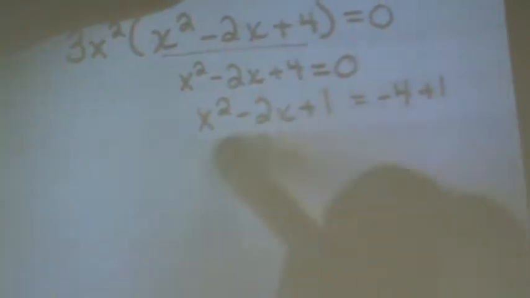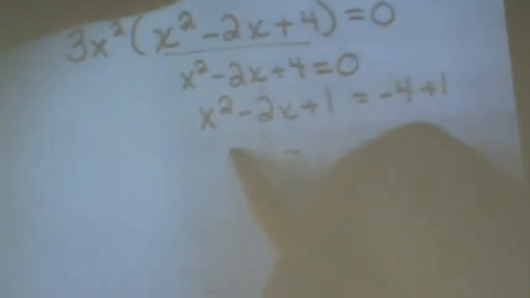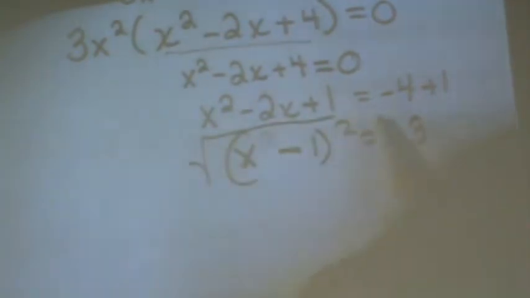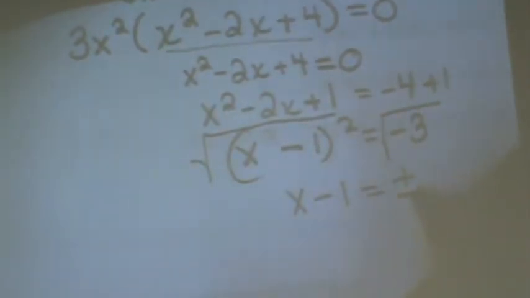Whoops. X minus 1 squared equals what? Negative 3. How do you finish this? Square root of both sides. X minus 1 equals plus or minus root 3i. And x is equal to 1 plus or minus root 3i.